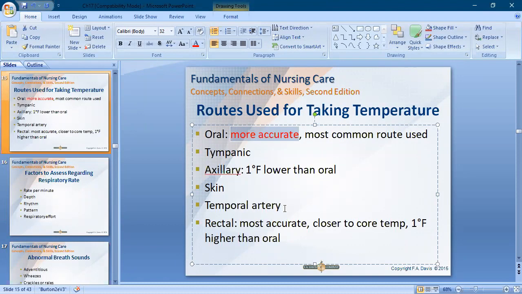The temporal artery is actually behind the ear lobule or ear auricle, and we use it to measure temperature. Or rectal. Rectal is the most accurate, and also closer to the core temperature, the real temperature in the body. It is about 1 degree Fahrenheit higher than oral, while axilla is lower.